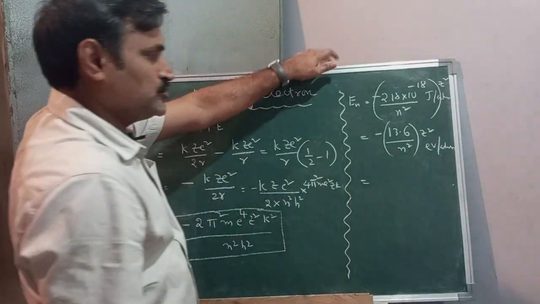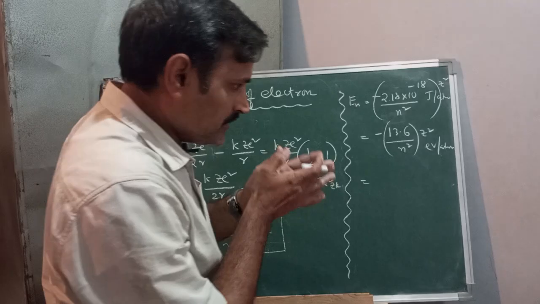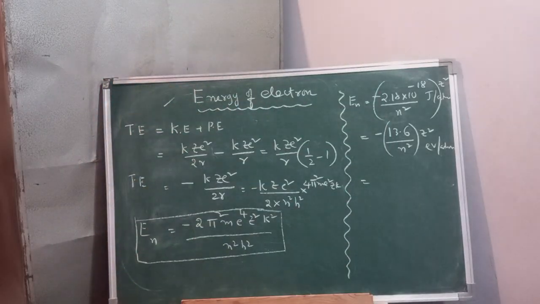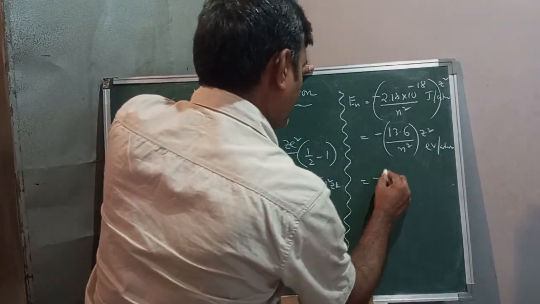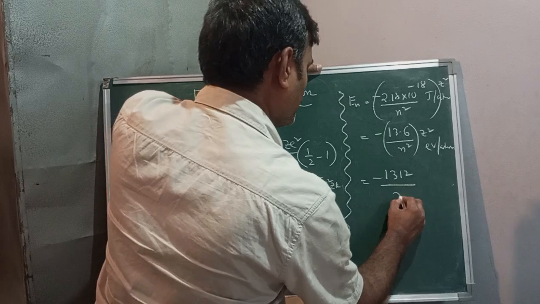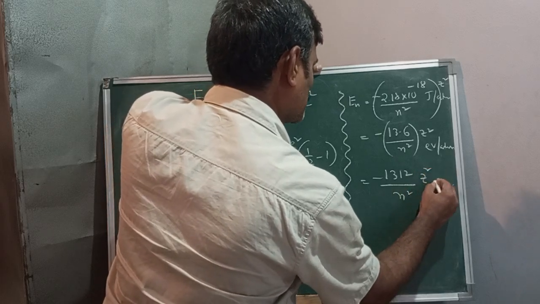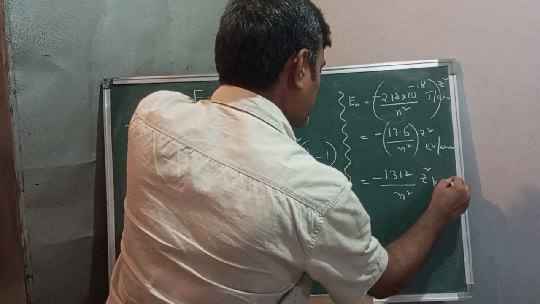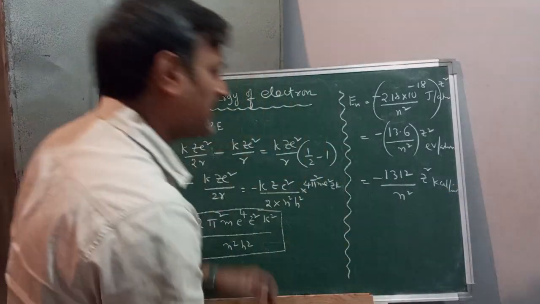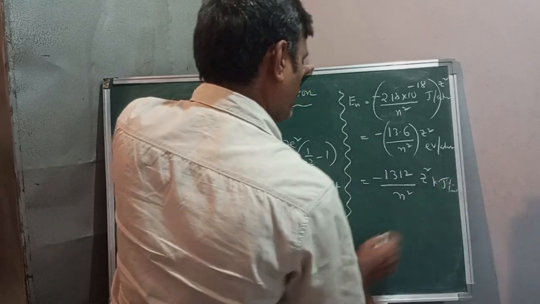Whereas if you want to give this answer in kilojoules per mole, it will be minus 1312 by n square into z square. This is kilojoules per mole.